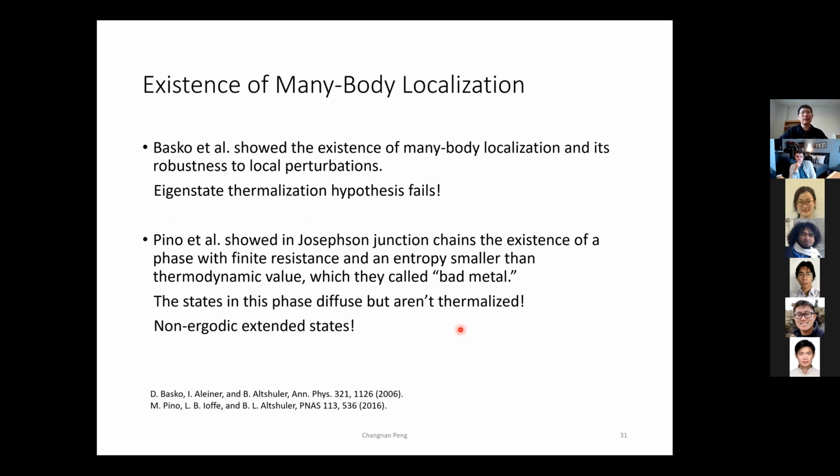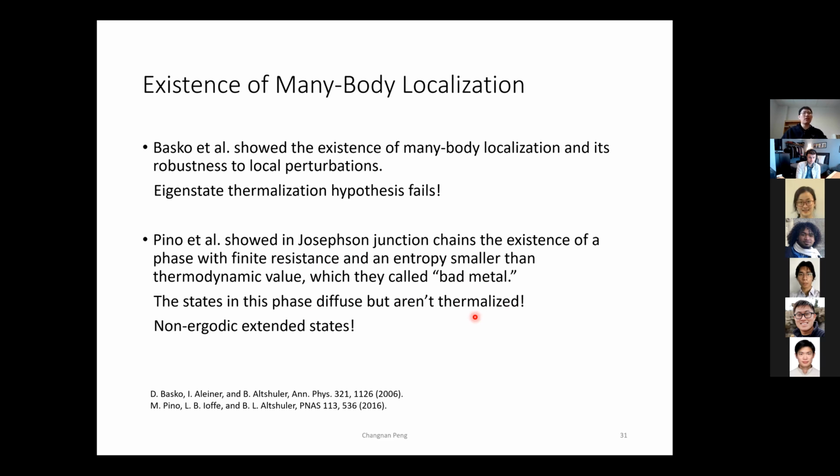Furthermore, in 2016, Pino showed that in Josephson junctions, there are even states that have finite resistance and an entropy smaller than the thermodynamic value. They call the state a bad metal, where finite resistance means that the particles diffuse, and entropy smaller than the thermodynamic value means they don't fully thermalize.